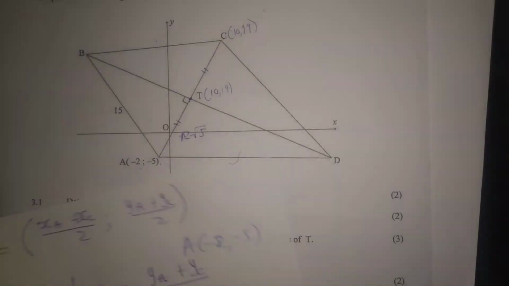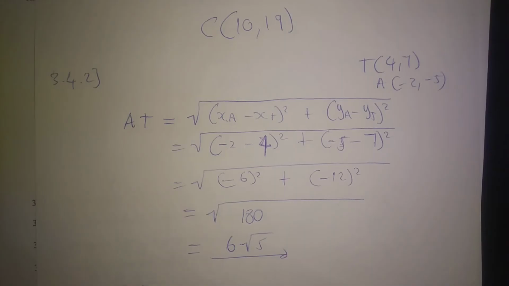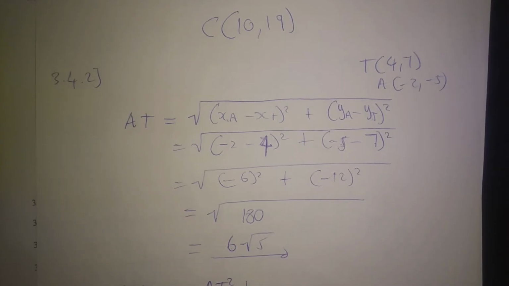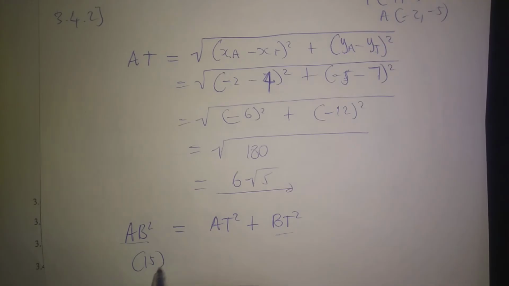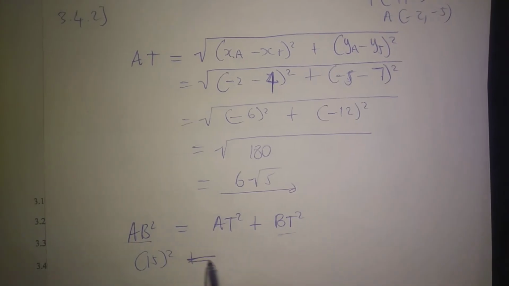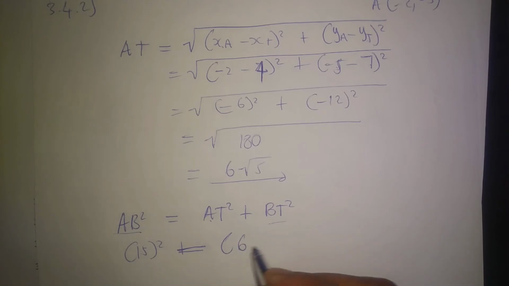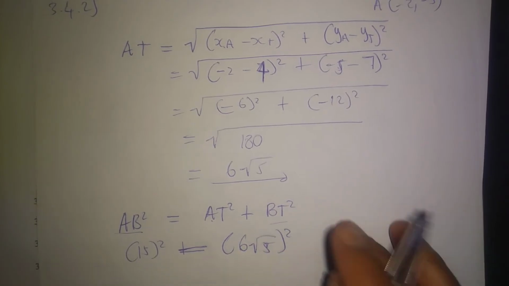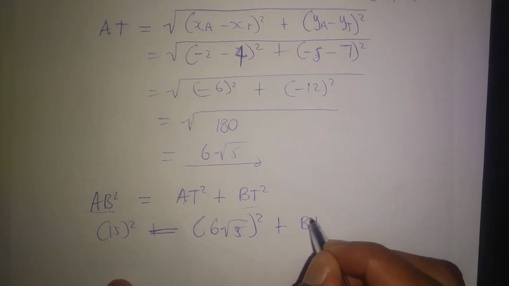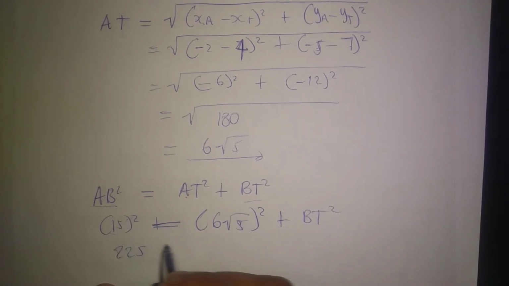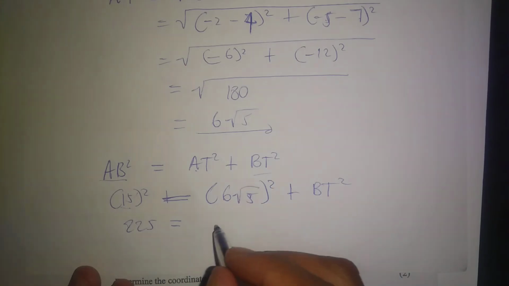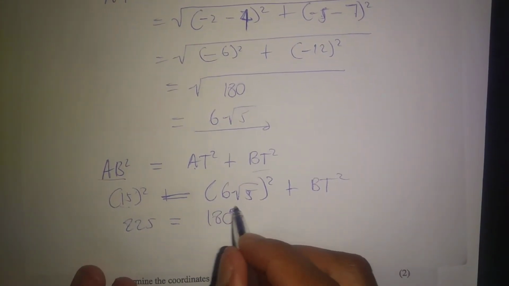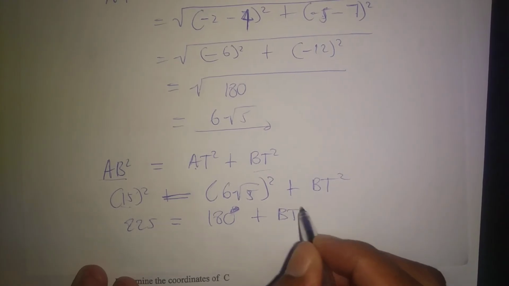So Pythagoras: the hypotenuse AB squared is equal to AT squared plus BT squared, which is the length we want. AB is 15 squared, equal to AT, which is 6 root 5, squared, plus BT squared. 15 squared is 225. Six root 5 squared is 180, not degrees, plus BT squared.